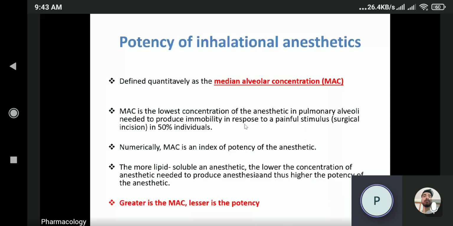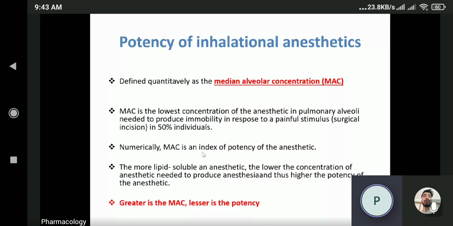This is the same as the potency of a drug, which is the lowest concentration needed to produce an effect. Okay, so you can say that numerically your MAC will be the index of potency, but that is true only for anesthetic drugs. We will not be saying MAC for any other group of drugs. These are mainly true for only which group of drugs? Your inhalational general anesthetic drugs.